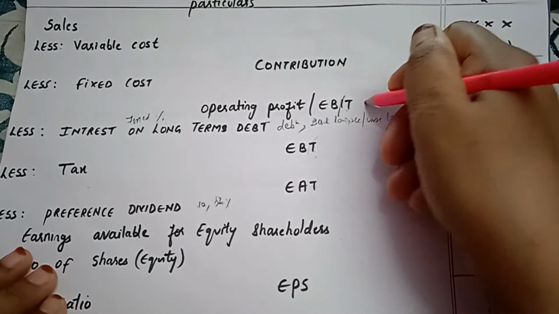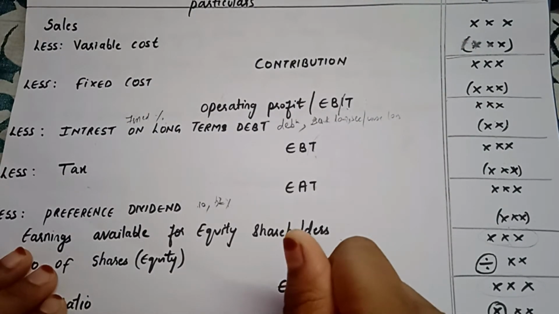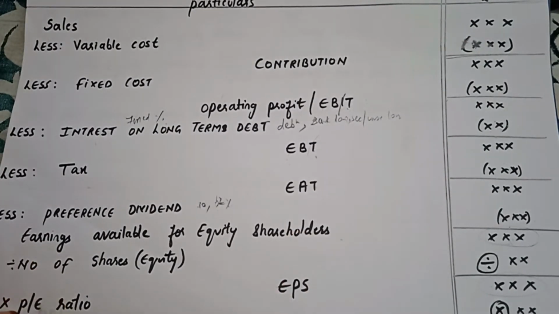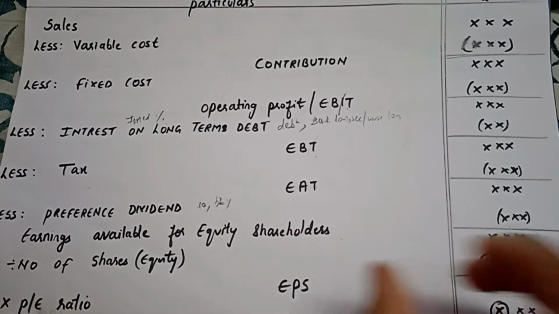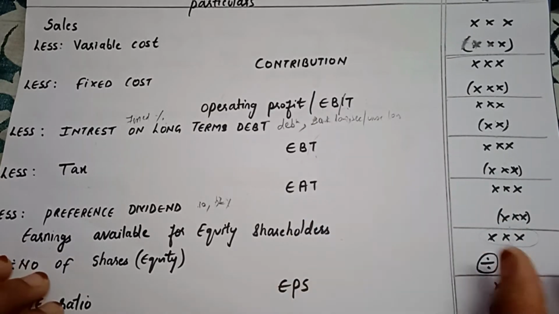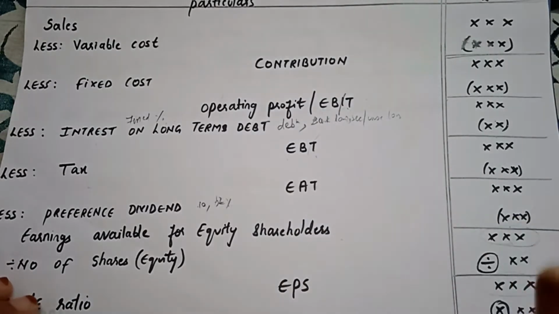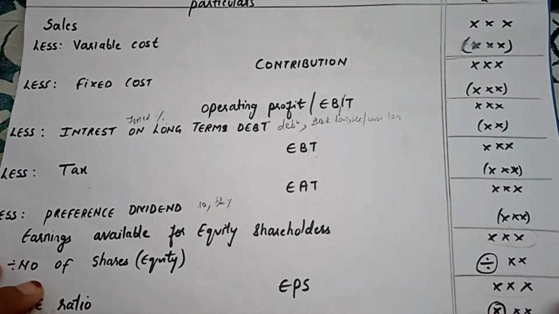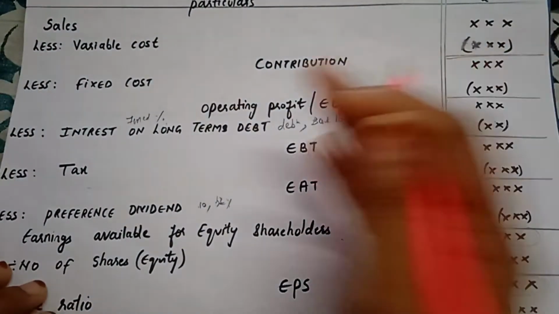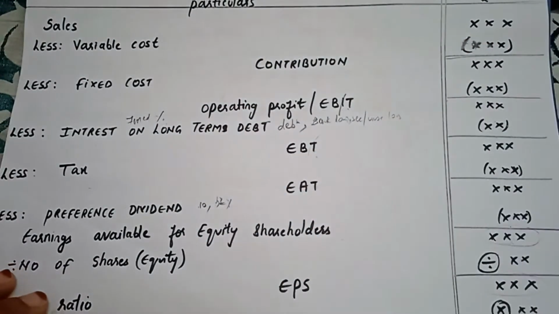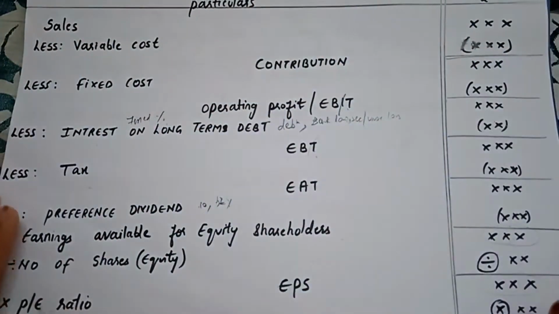Here, EBIT. We are ending up where? EPS. Now this is the time where we will see whether EPS is optimum or not. If it is optimum, we will opt for that particular plan. This is for only one thing, right? We'll have many other plans, so we will see accordingly when we do the problems. Basic thing you got about it.